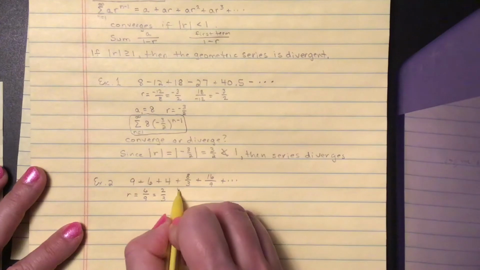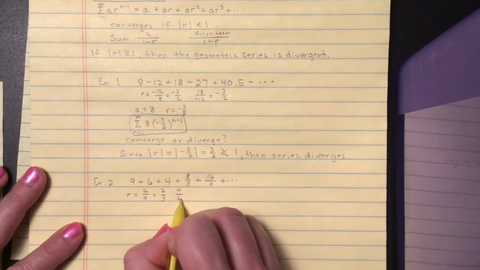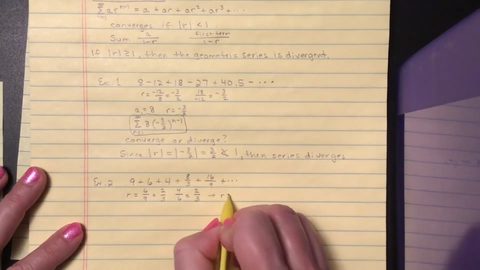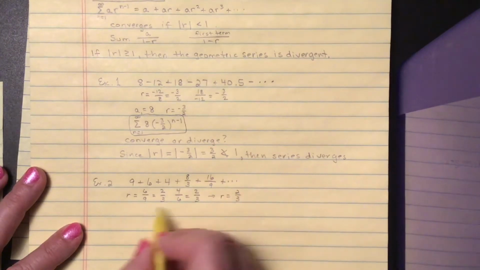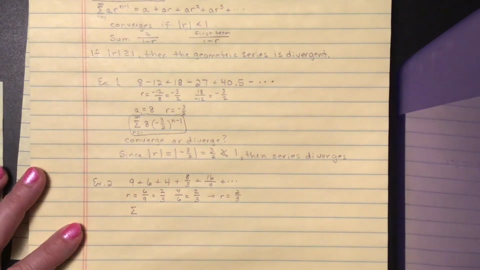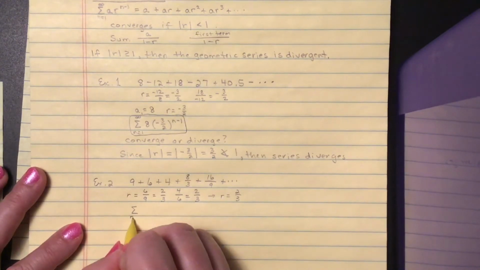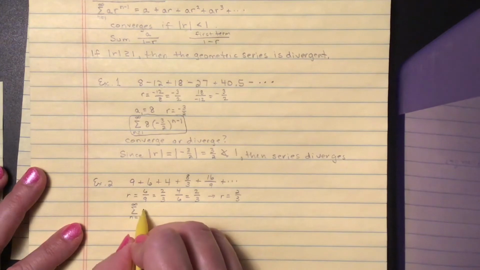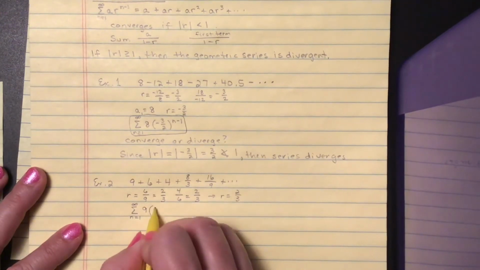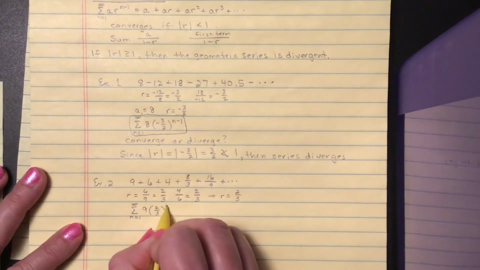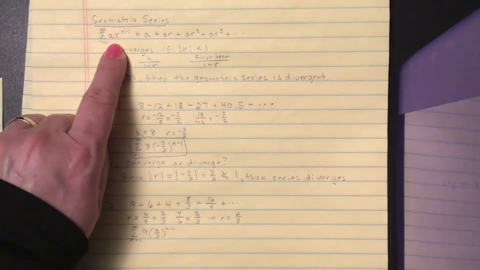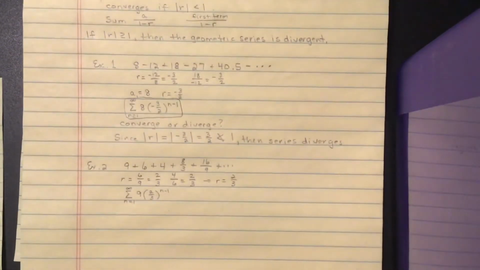The third term divided by the second term also gives me 2/3. I'm concluding that the common ratio is 2/3. To set up this series, I'm going to say n goes from 1 to infinity. The first term is 9 times 2/3 to the n minus 1. Again, that's just following the formula for geometric series.